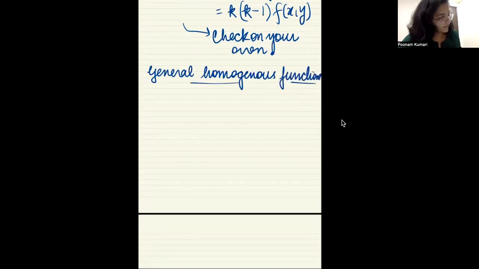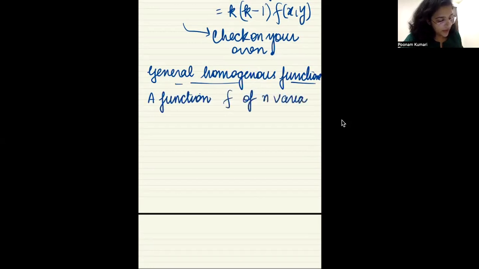Let me write the definition in general for a homogeneous function. So a function f of n variables. Now we are talking in n variables.